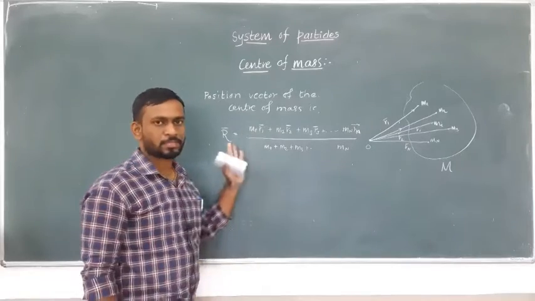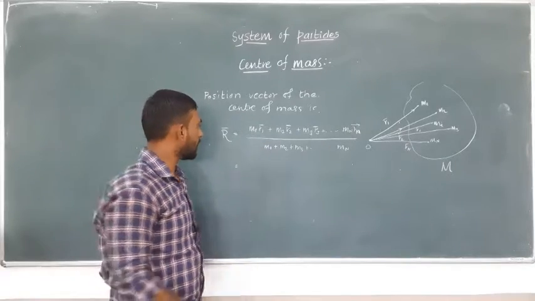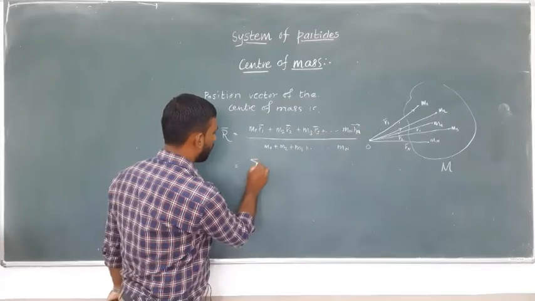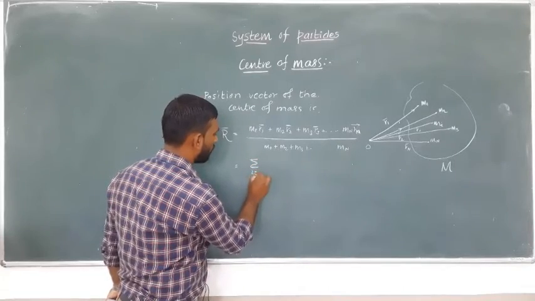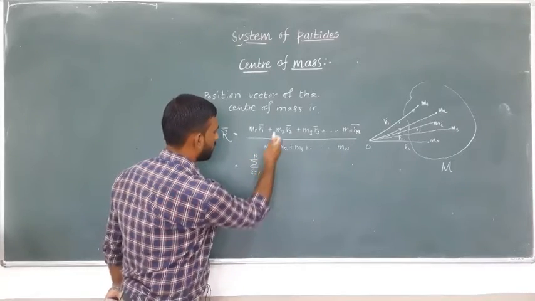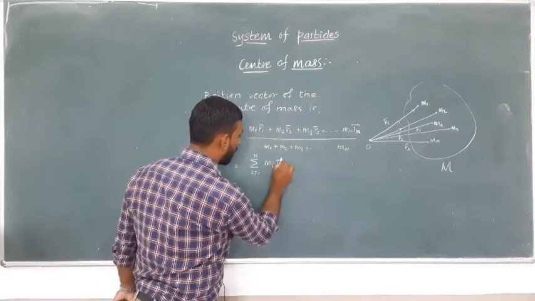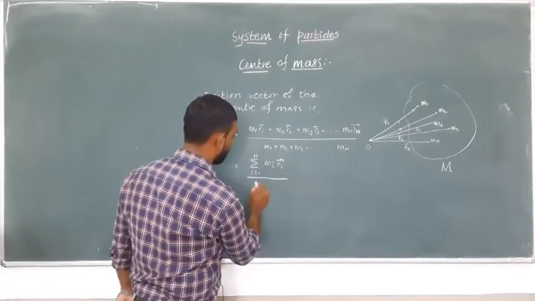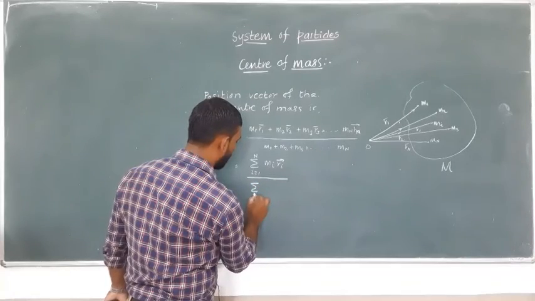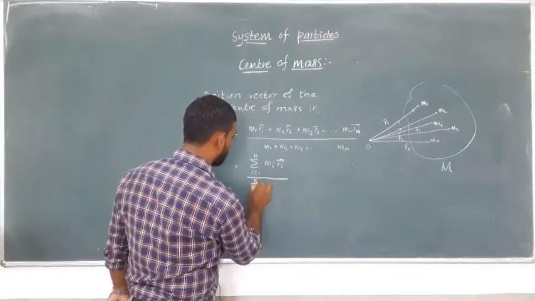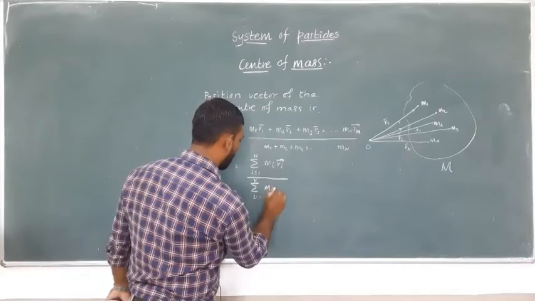So how do we sum this up, since the system is discrete in nature? The sum with i running from 1 to n of mi ri bar, upon the sum with i running from 1 to n of mi.